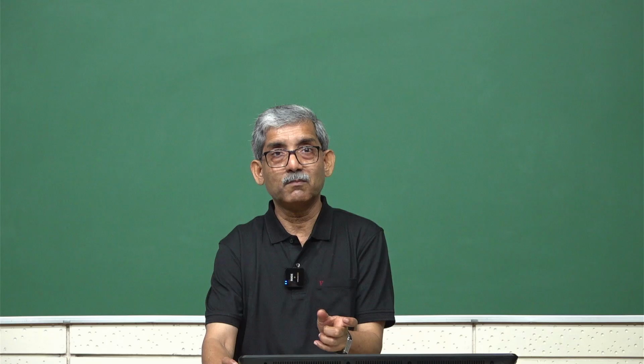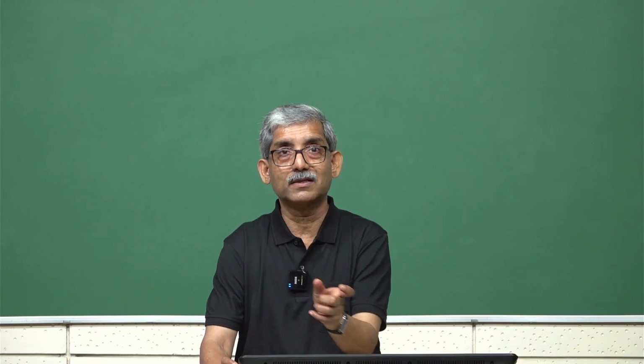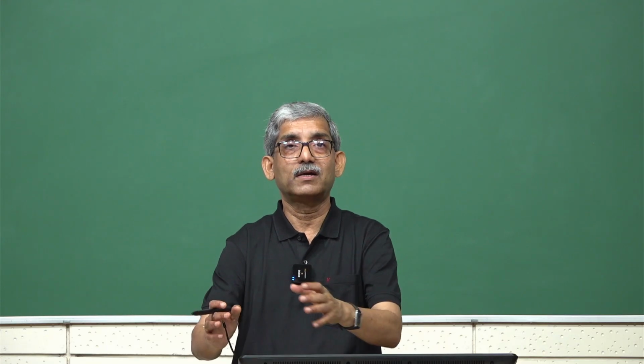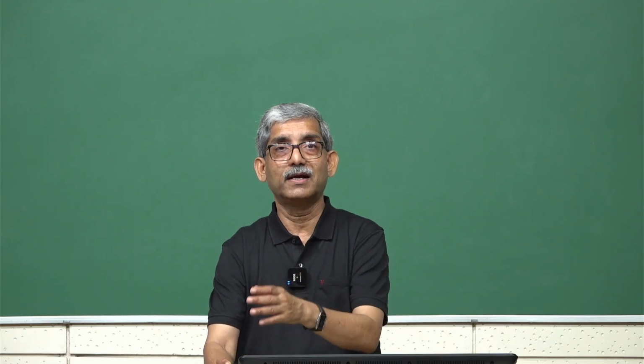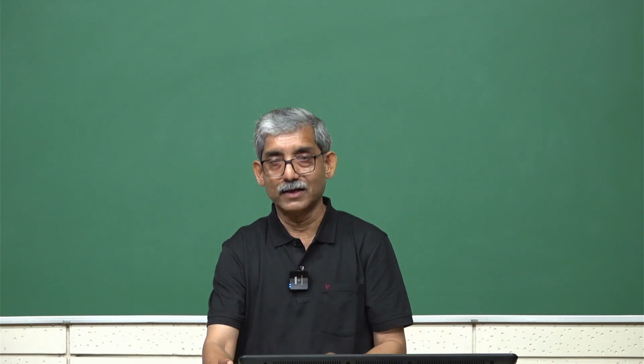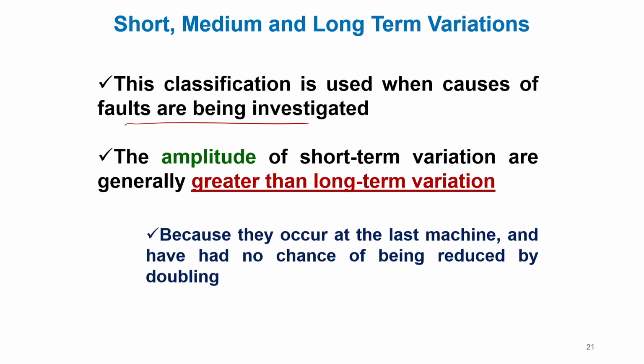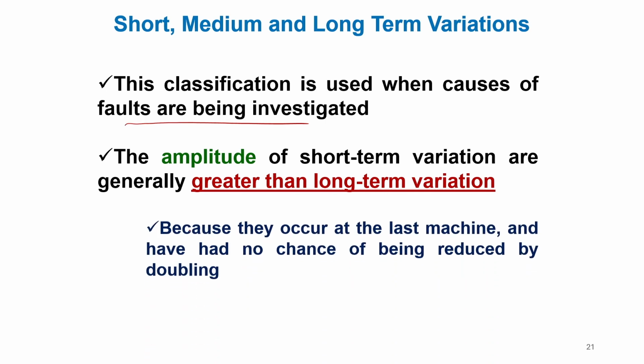But short term variation happens at the end machine, towards the end, so that amplitude is high, because short term variations occur at the last machine and have no chance of being reduced by doubling, but in the case of long term we have a chance to reduce the variability by doubling.